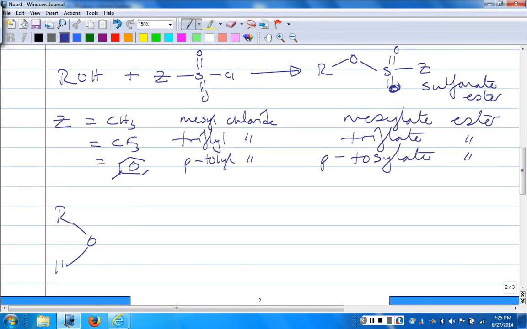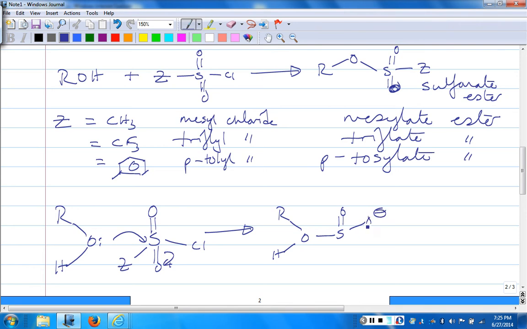The alcohol will attack the sulfonate group, and we have cleavage of the pi bond, and that will give rise to ROH+, S double bond O, O minus, Cl, and Z, plus some base will come in, suck off the proton. I'll have this come back, kick out my chloride, and that will give rise to RO, S double bond O, Z. This really is a mirror image of the reaction we'd seen earlier.